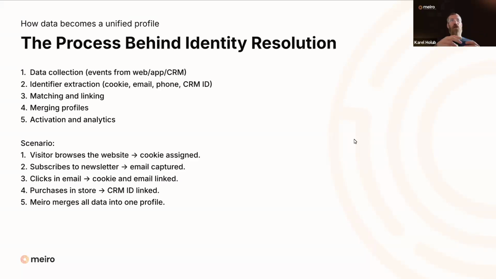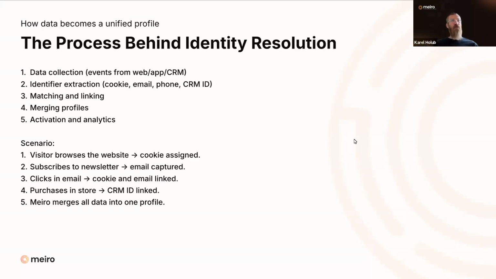From the data, we would extract the identifier. That could be contact details, email, phone number, customer ID. And then we run the matching and cross-linking of the data. If the match is found, the profile is merged or the event is attributed to the profile, and then the profiles can be used for activations or analytics.